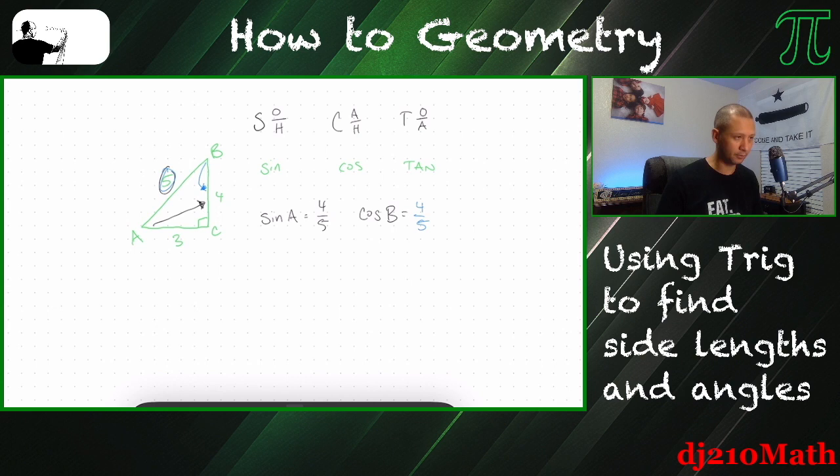And then tangent of A, opposite over adjacent, we'll have 4 over 3. So here in this scenario, we're given the 3 side lengths. And if I know the 3 side lengths, then I can tell you what the trig ratios are going to be.